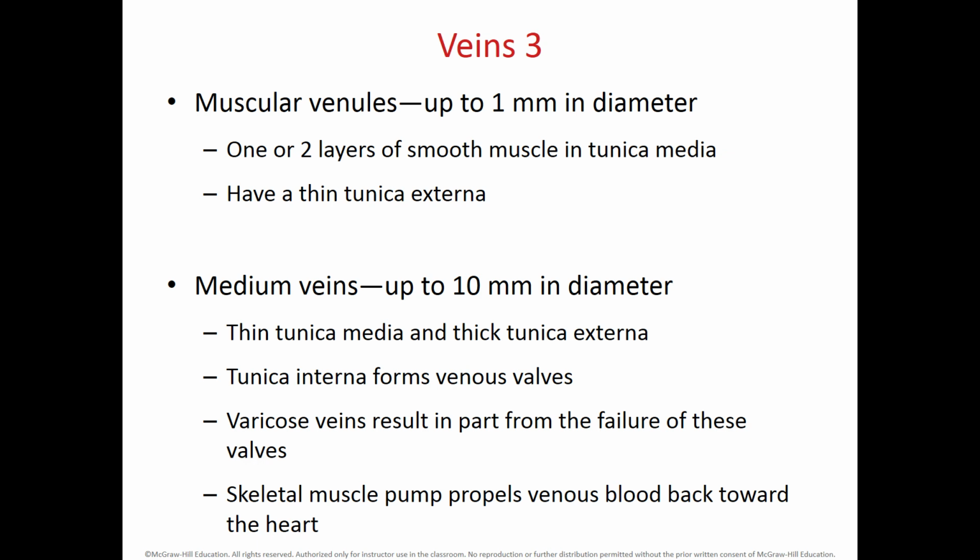And the tunica interna in the medium veins will have venous valves, the ones that we have in the legs. The medium-sized veins in our legs will have venous valves, and these venous valves help to bring the blood from the legs towards the heart.